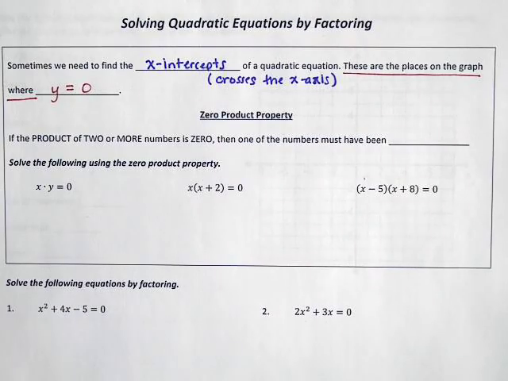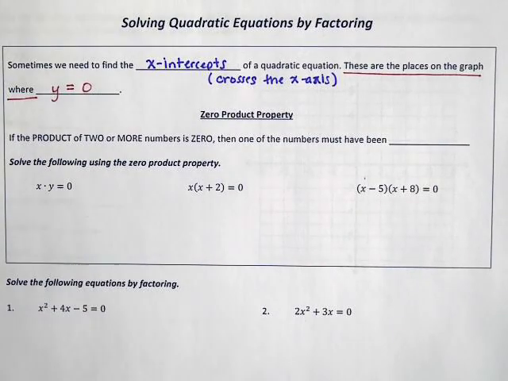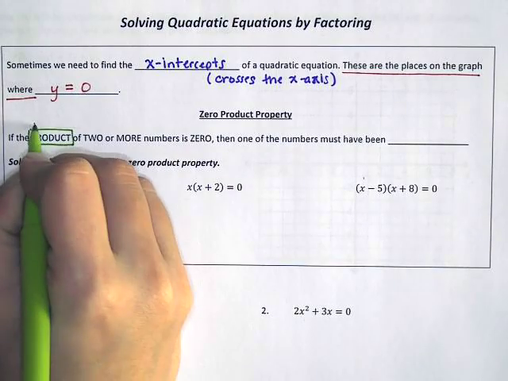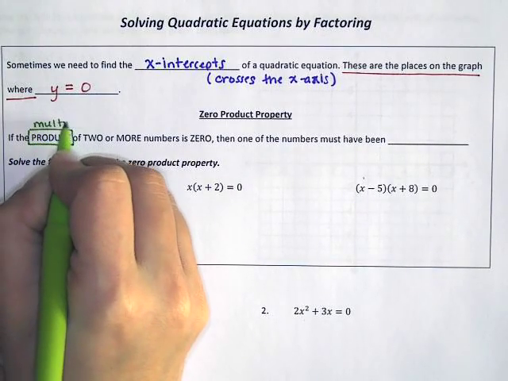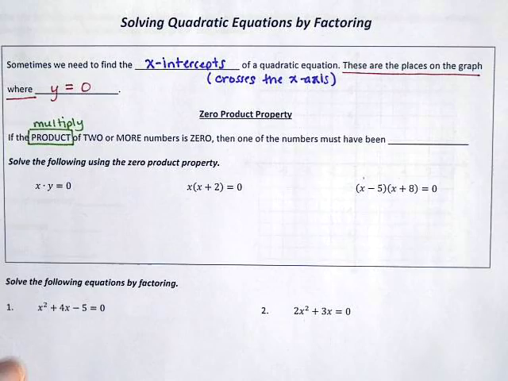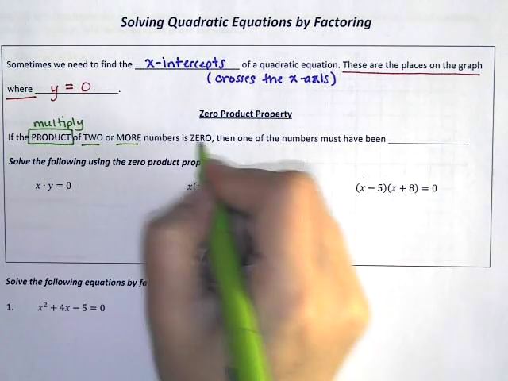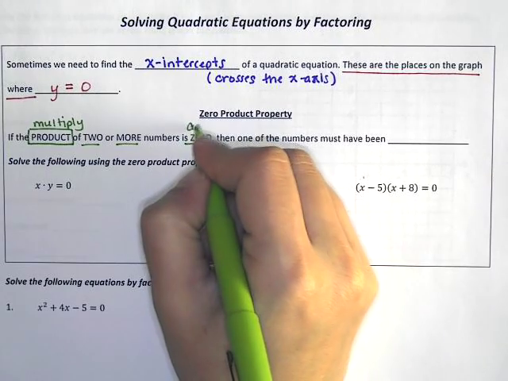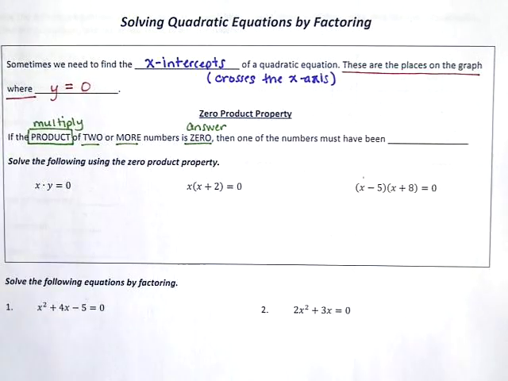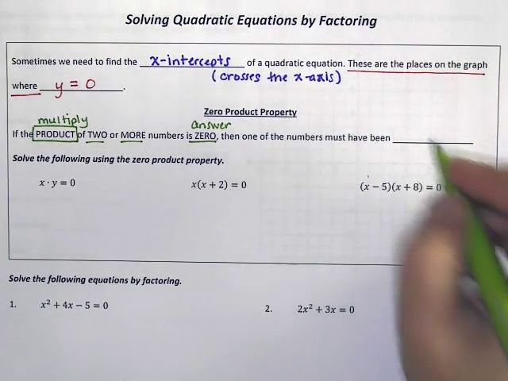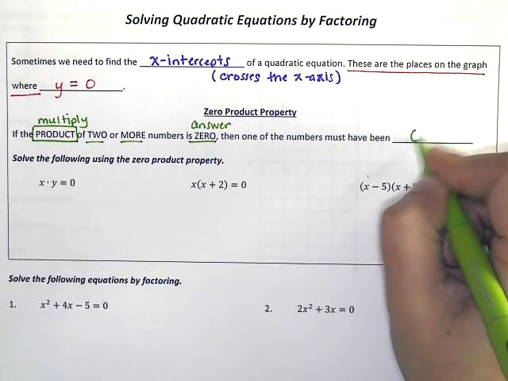What the zero product property says is that if the product, that means when we multiply, so if we multiply two or more numbers and the answer is 0, so if you know that you multiply and you get an answer of 0, then one of the numbers that you started with must have been 0.